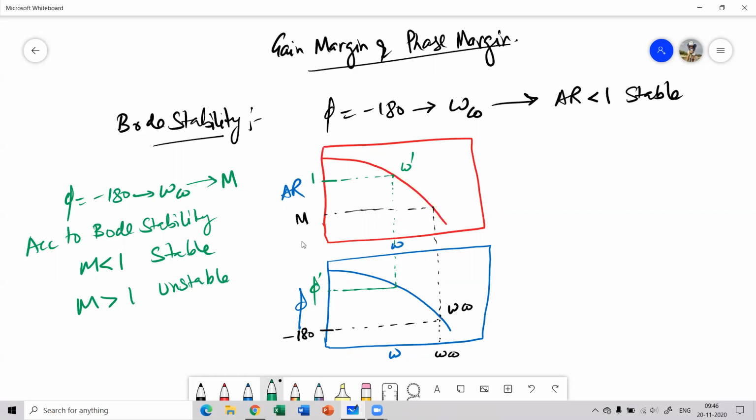If the value of M is greater than 1, the system is unstable. And if the value of M is less than 1, the system is stable.